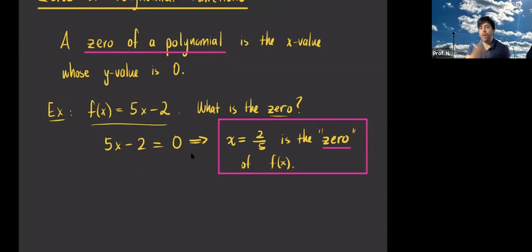Not only is the y value associated with the x value called the 0 equal to 0, because the y value is 0, this is also exactly the point where it crosses the x-axis. So it's called the x-intercept. So the 0 of a polynomial is actually synonymous with the x-intercept.